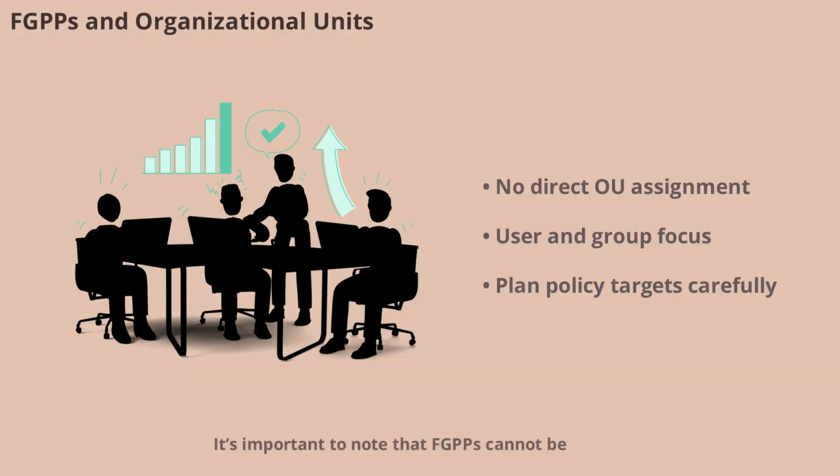It's important to note that FGPPs cannot be directly assigned to organizational units, OUs, in Active Directory. While OUs are commonly used for organizing users and computers, FGPPs are specifically designed to work only with individual user accounts and global security groups. This distinction is crucial for administrators planning their password policy strategy.